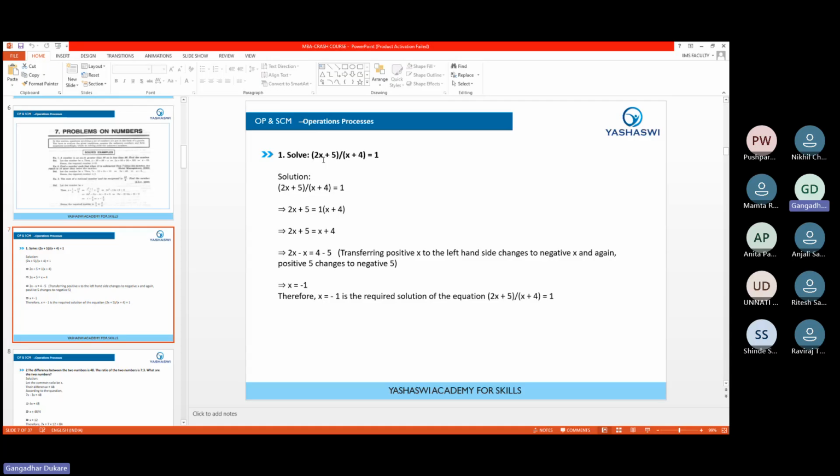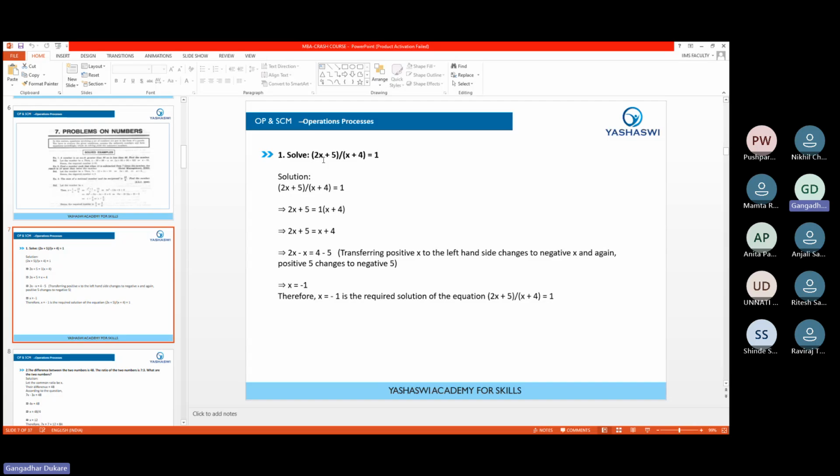There will be simple cross multiplication. The division value becomes multiplication. So 2x plus 5 equal to 1 into x plus 4. So 2x plus 5 equal to x plus 4. The 2x value comes to the left side, that is 2x minus x equal to 4. This 5 comes from the right side as minus.